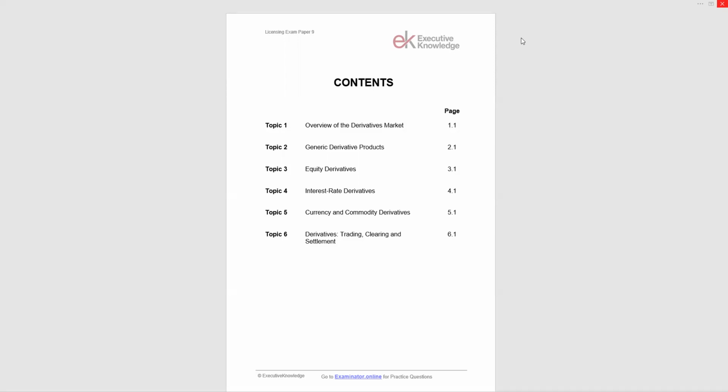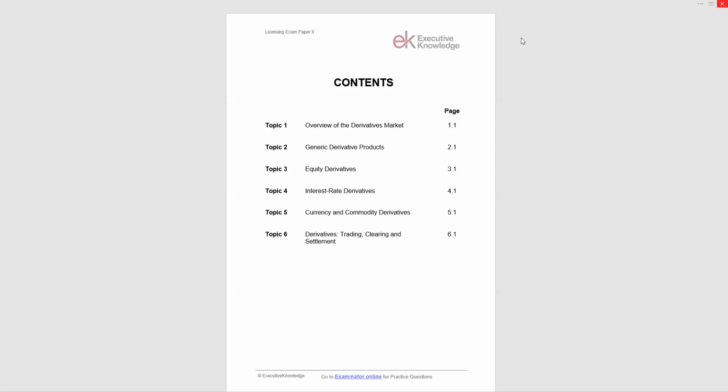Topic 4 considers interest rate derivatives, specifically interest rate futures, and you will see a number of questions on interest rate futures. Topic 4 also looks at OTC instruments, namely FRAs. Well, we looked at those in topic 2, swaps and interest rate options.